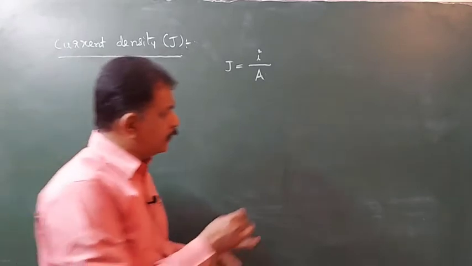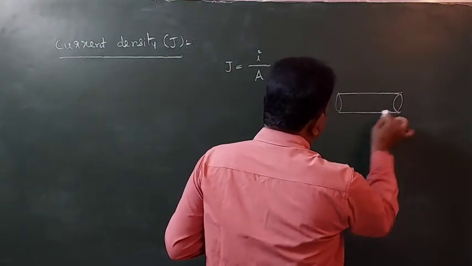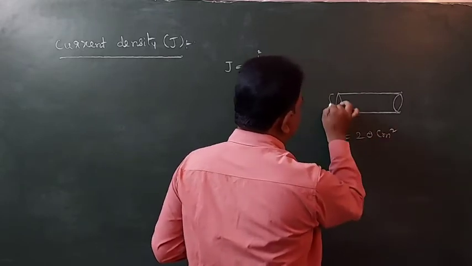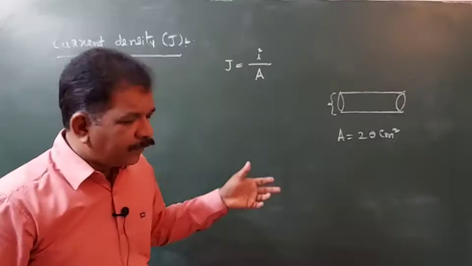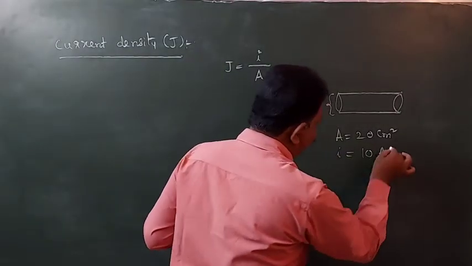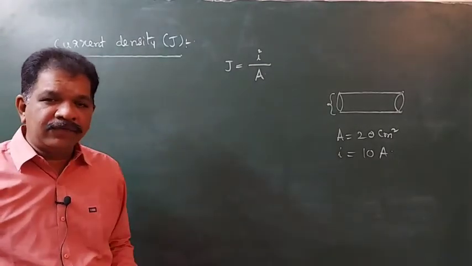For example, it is a conductor whose area of cross section is 20 centimeter square, and a current of 10 ampere is flowing through it. What is the current density of the conductor?